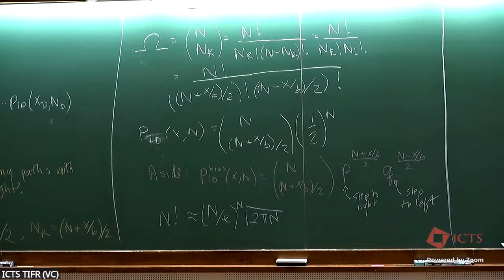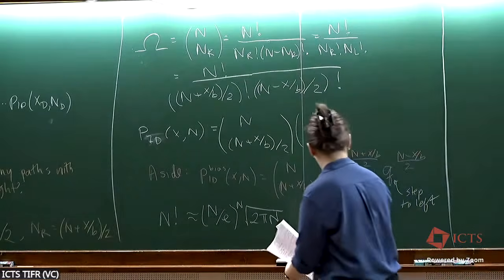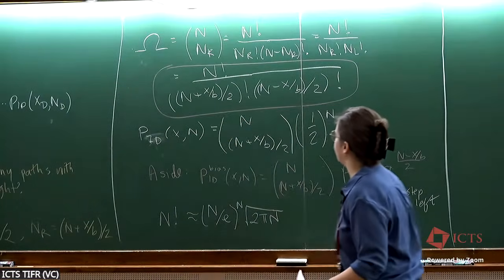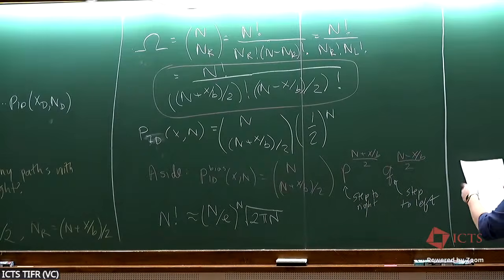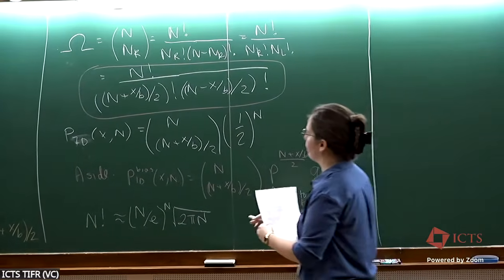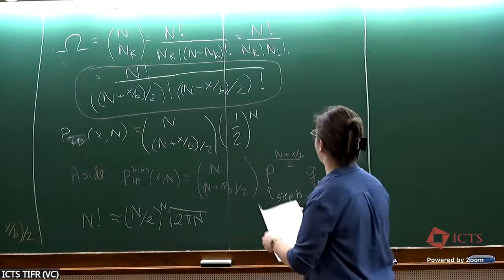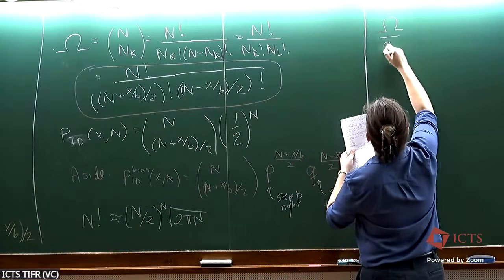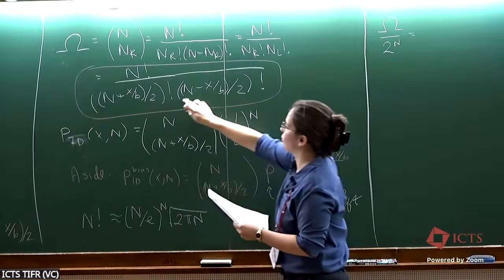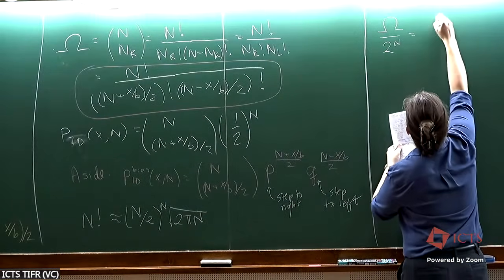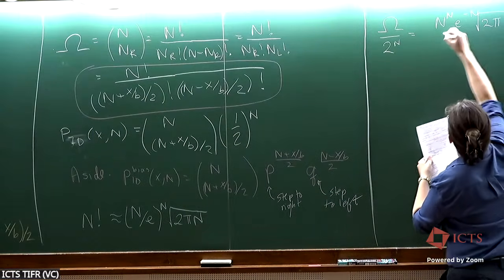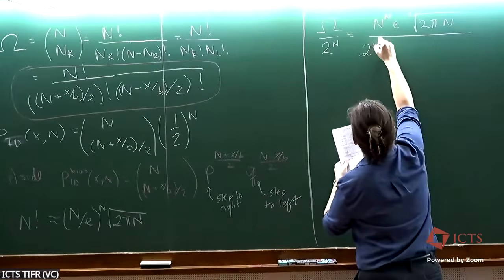Now I'm going to take this expression and apply this formula everywhere I can. So first, I'm going to take this expression divided by 2 to the n. So I'm actually going to take this 1D probability, and this is equal to these 3 factors. Now this will be n to the n, e to the negative n, square root of 2 pi n, divided by, let's have that factor of 2 to the n here.